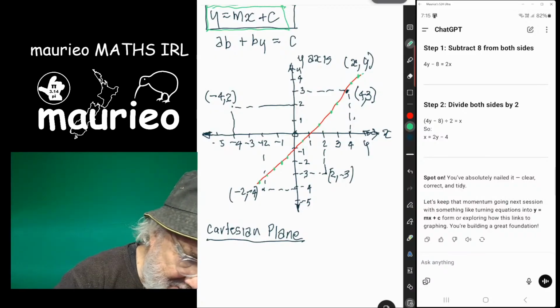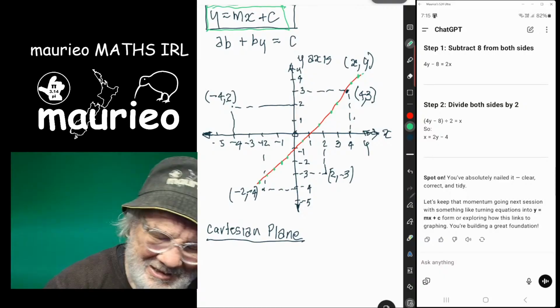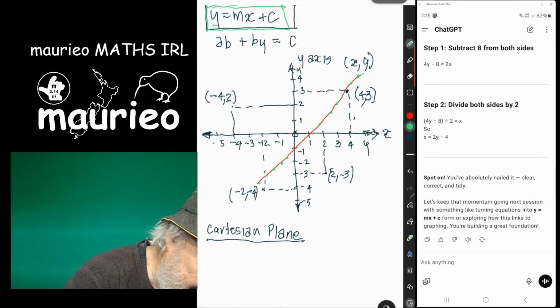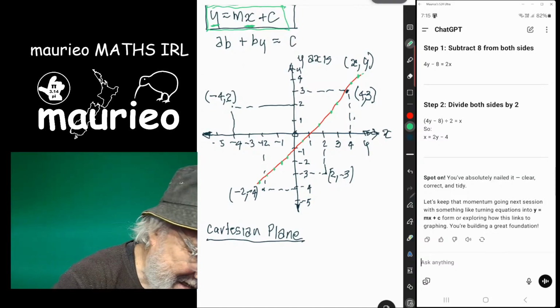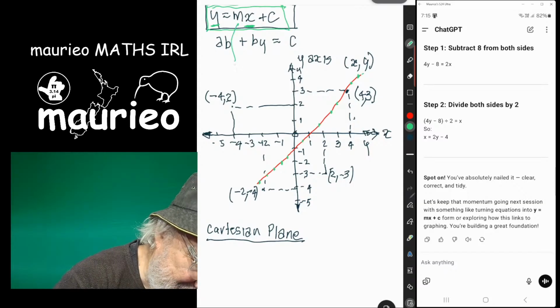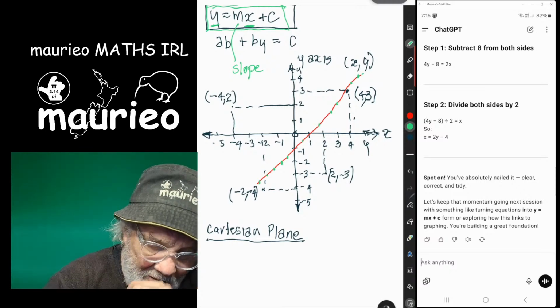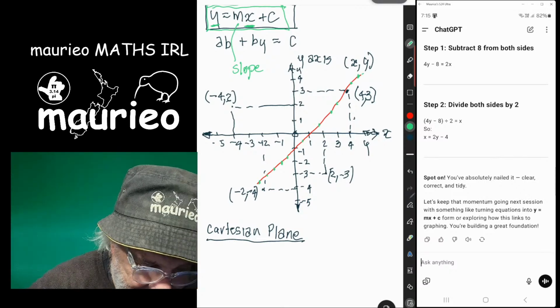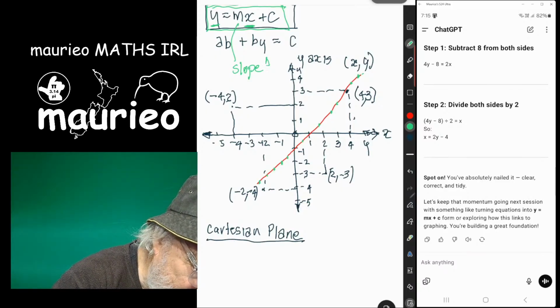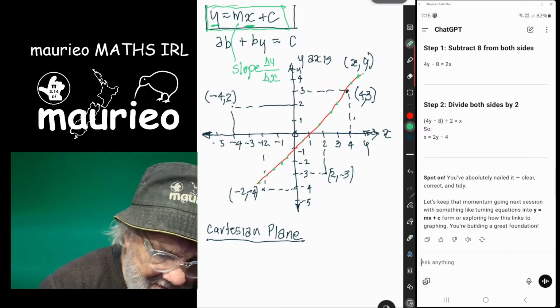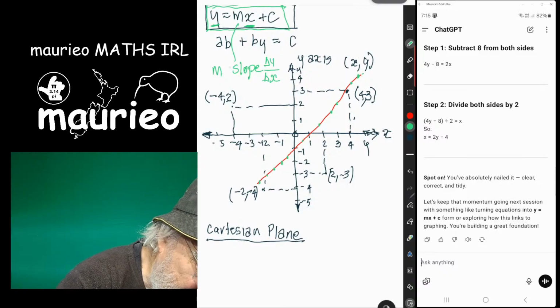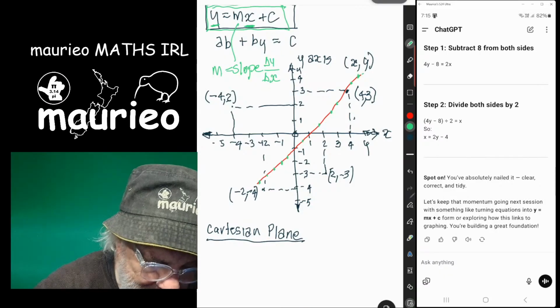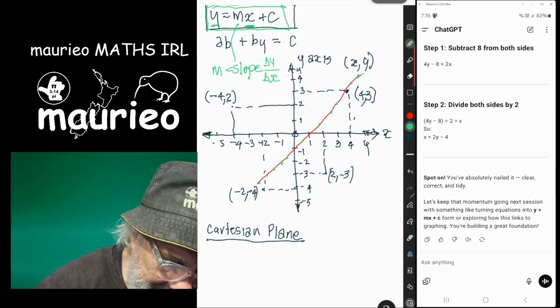So y is the x value. No, sorry, y is the y value, and x is the x value, and m is the slope of the graph. And, well, it's actually the increase in y over the increase in x, the slope, m. Now this particular graph here has a slope.